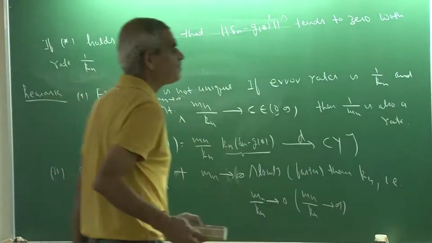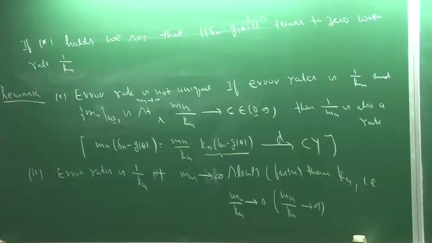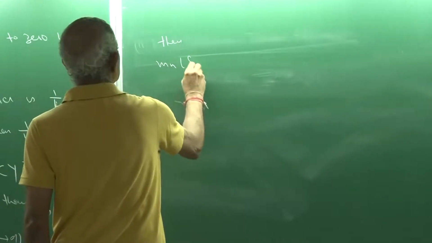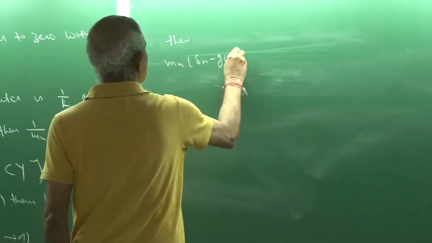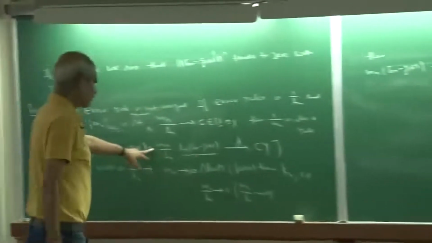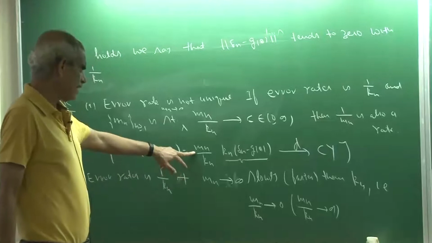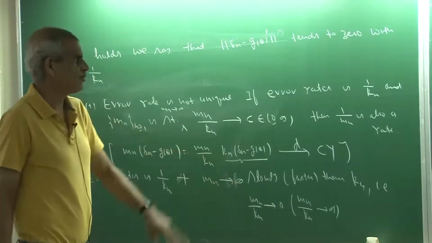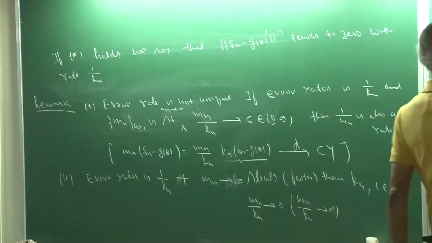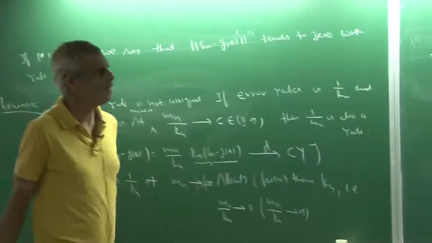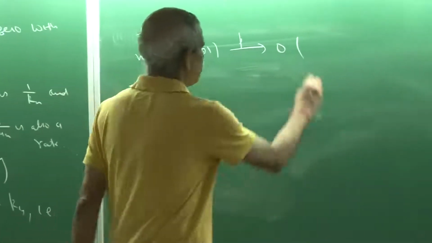Then what happens? Mn times delta n minus g theta can be handled in the same way. In this case, Mn by Kn is going to 0 and Kn times (delta n minus g theta) was going in distribution to Y, so everything would go in probability to 0. And in the case where Mn by Kn was going to infinity, this may go to plus or minus infinity.